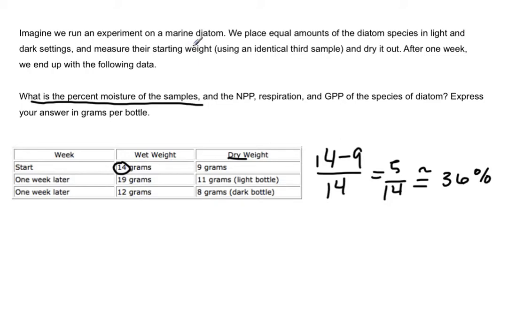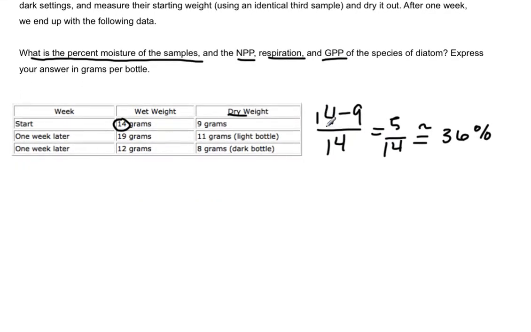So what I'm going to do is now it's asked me to calculate the NPP, the respiration, and the GPP for the species diatom. So same thing again. I'm annoyingly going to write out the equation. My net primary productivity is going to equal my gross primary productivity, how much it made total, minus how much it used for respiration.